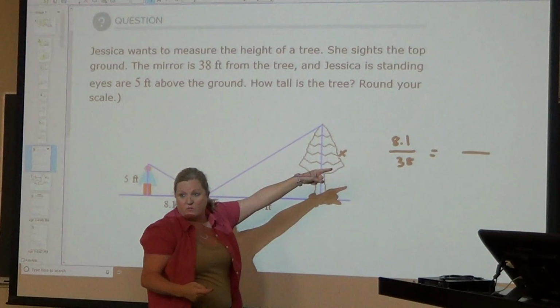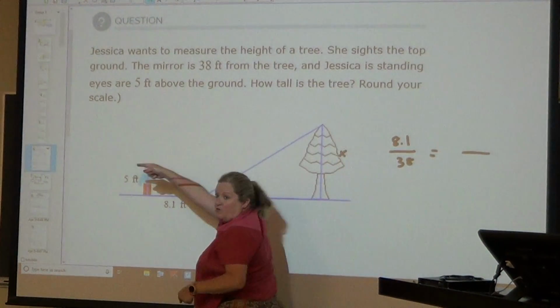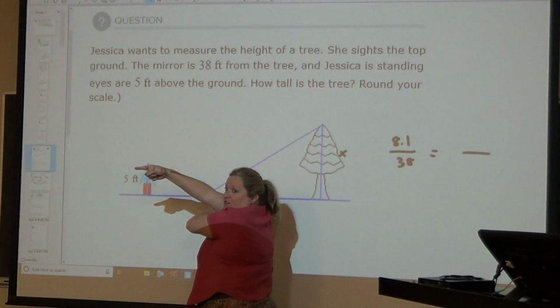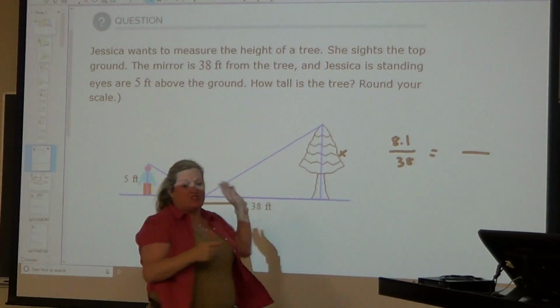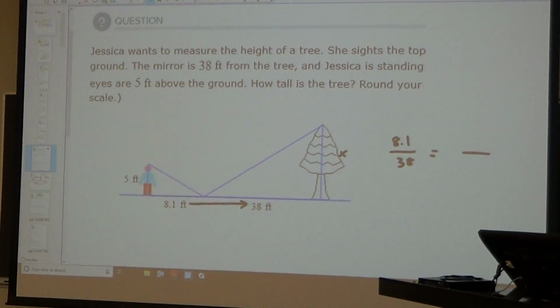Do you see why that other one was wrong? If you go this way, you can't say X over 5, because that's not the same pattern. So if I do 8.1 over 38, I've got to do 5 over X. Now, I could have done 5 over 8.1. What would my other pattern be?